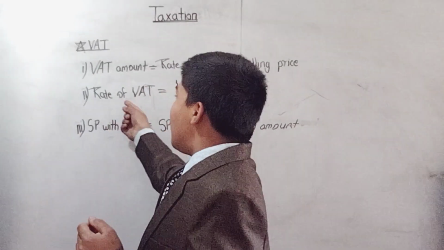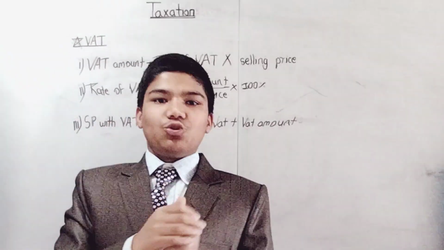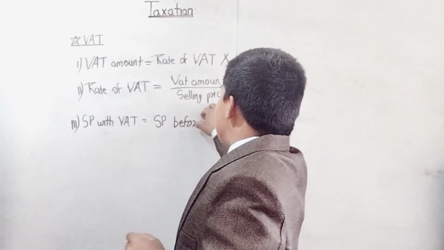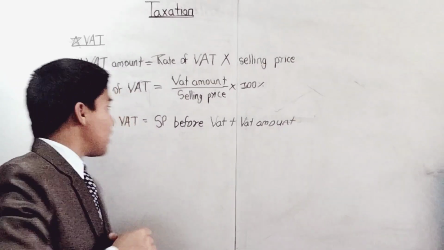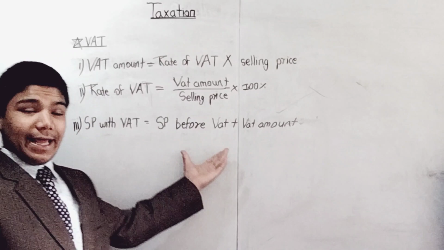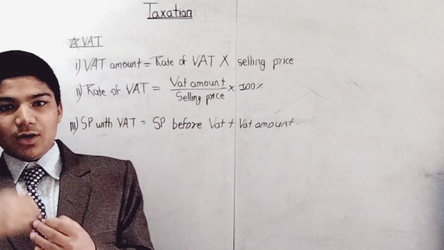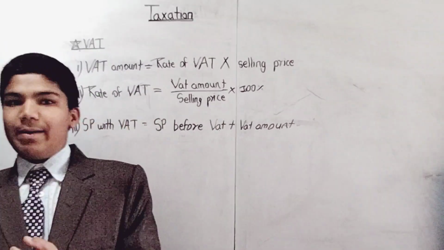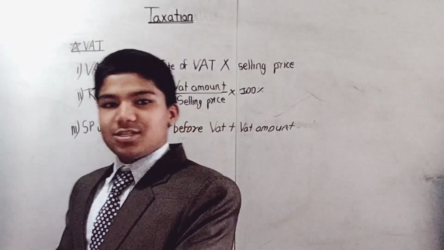After that, if we have VAT amount and selling price, and it is told to find rate of VAT, then we have to divide VAT amount by selling price and multiply by 100 percent. Now if it is told to find SP with VAT, then we have to add SP before VAT and VAT amount. There are two types of SP: one is SP without VAT, and one is SP with VAT.